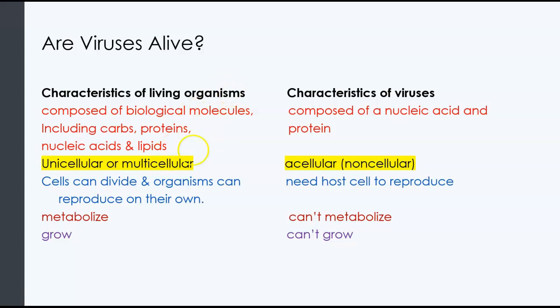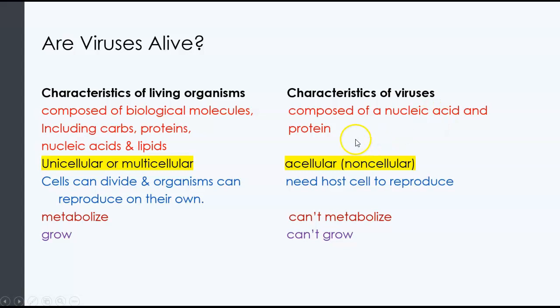Living organisms in their cells, they also have different enzymes to carry out or to speed up, act as catalyst to many, many chemical reactions that go on in the living cells. And then viruses only have a nucleic acid and a protein.